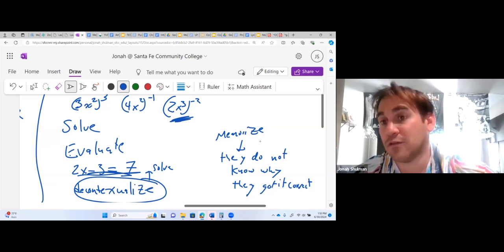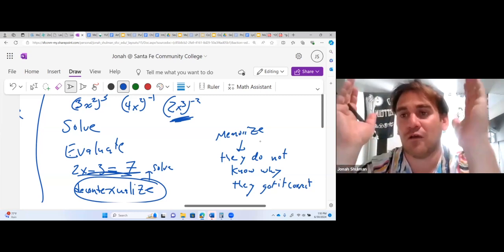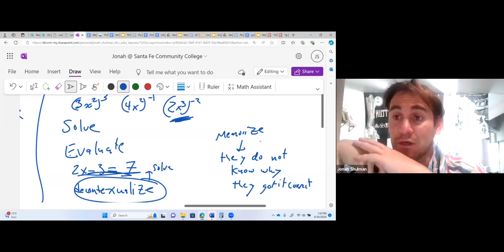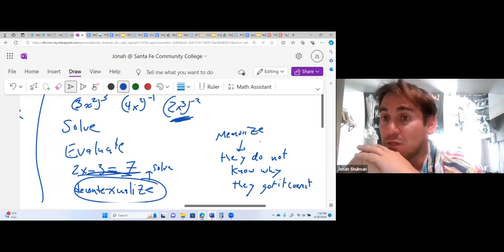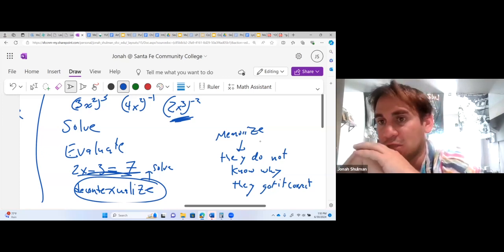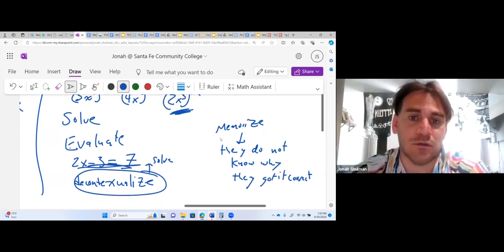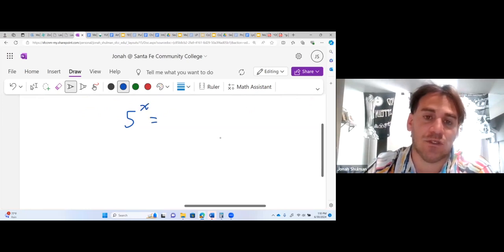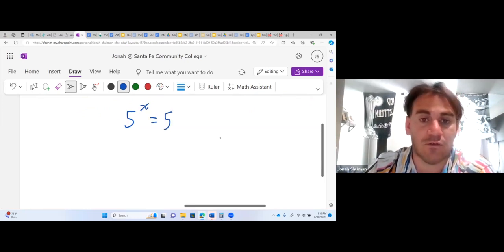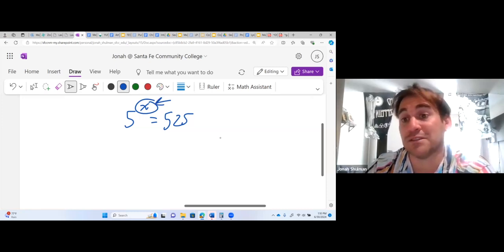He saved half of his life because he was trying to figure out how far apart planets were from one another and how far apart all the stars were. And the only way they could get rid of the exponents was guessing and checking and lots of mathematics. Logarithms change that. If we have something like 5^x equals, I don't know, 525, a log can get rid of that x without us guessing and checking.